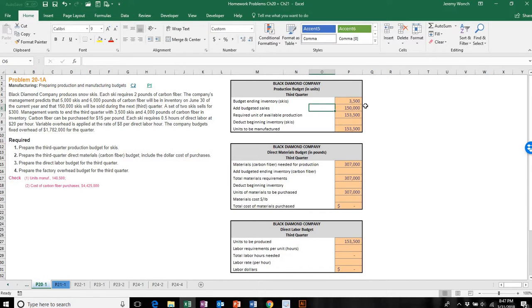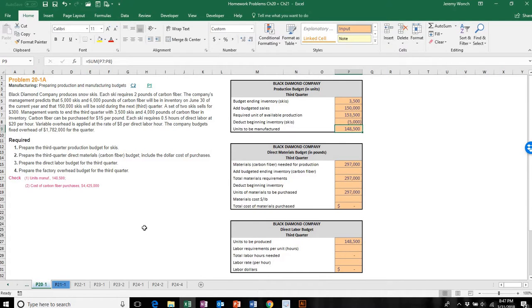So we know we're going to sell 150,000, plus we want to add 3,500 because that's what we want to end the quarter with. But then we have to subtract out our beginning balance, which is 5,000 skis. That tells us how many we need to actually make during the third quarter: 148,500. And we have a little check figure right here, so we got that one right.